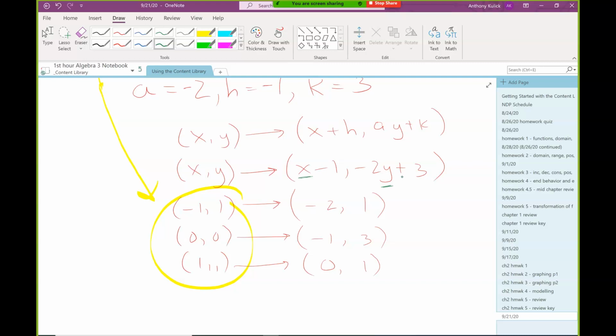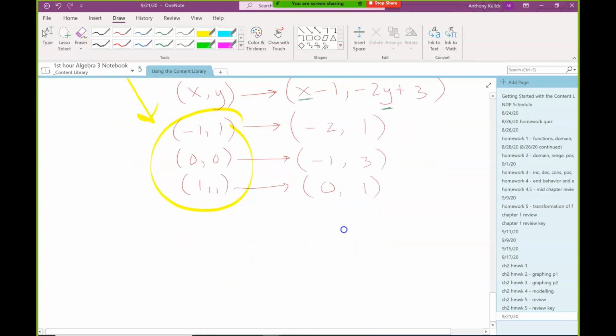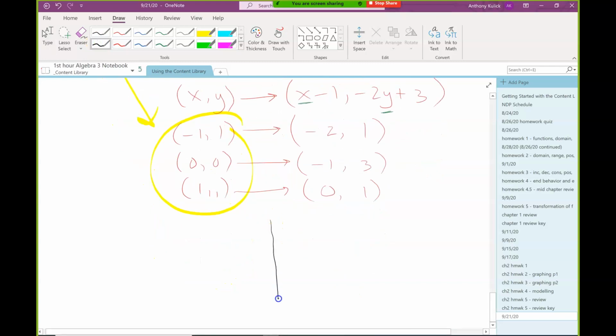Okay. So now I can plot those 3 points. So I have -2, 1, -1, 3, and 0, 1.